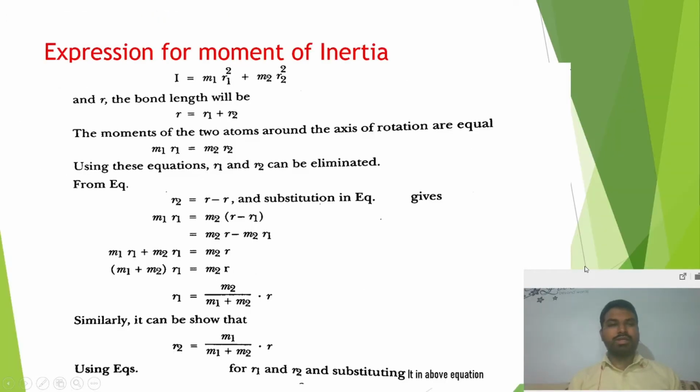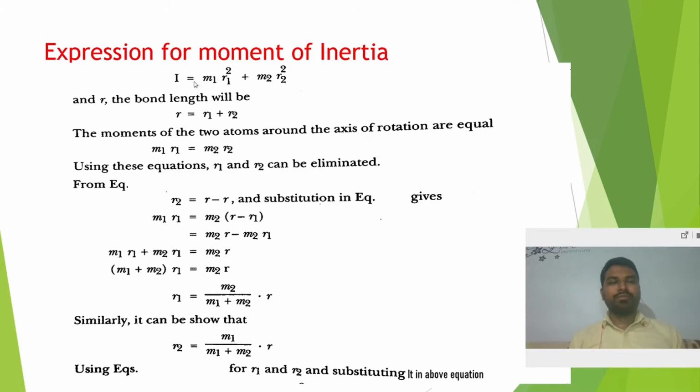Now next is expression for moment of inertia. Moment of inertia I will be given by m1 r1 square plus m2 r2 square, and r, the bond length, will be r is equals to r1 plus r2. The moments of the two atoms around the axis of rotation are equal, m1 r1 is equals to m2 r2.